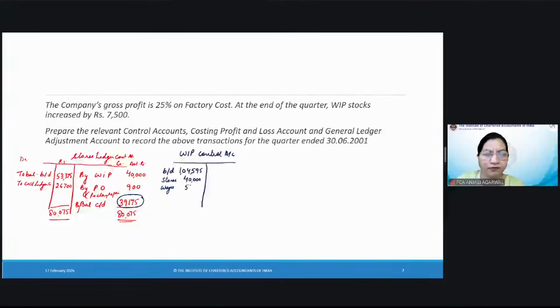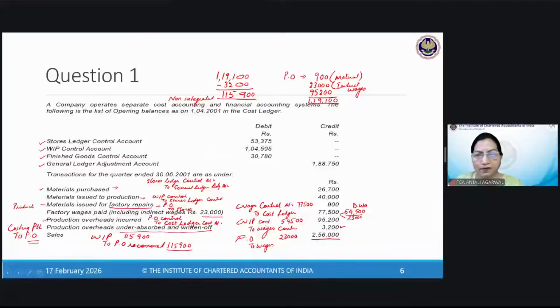Wages control account 54,500. This entry, WIP control account debit to wages control account. And then there was production overheads charge 1,15,900.